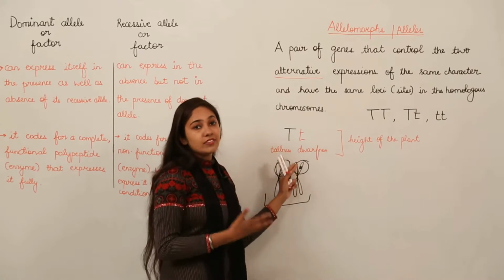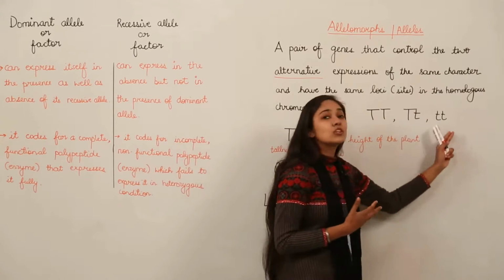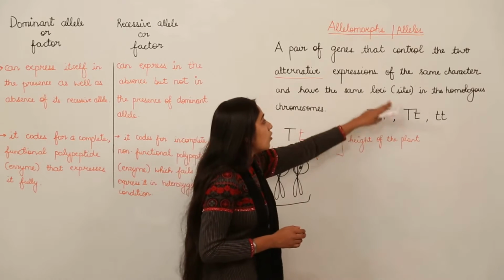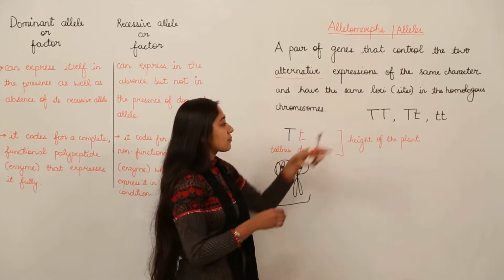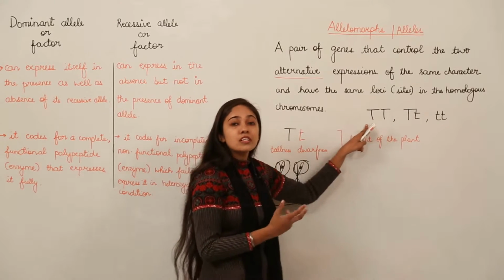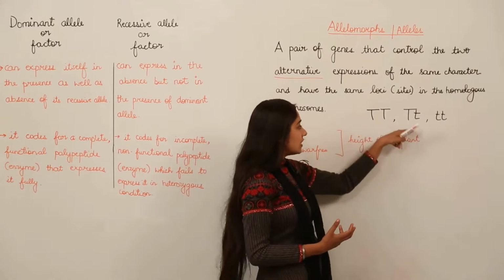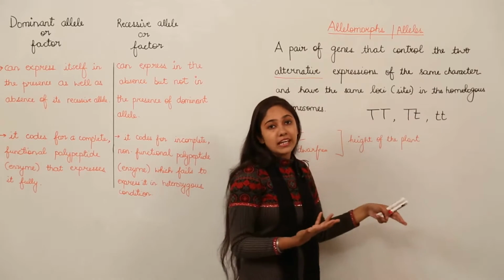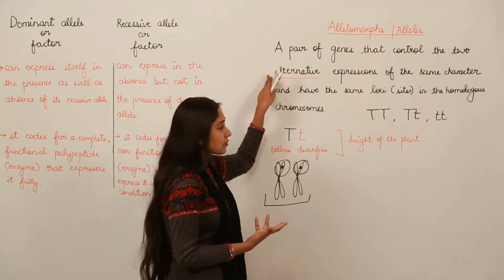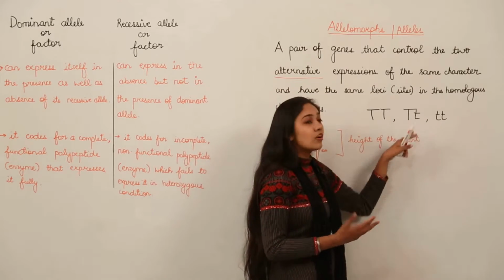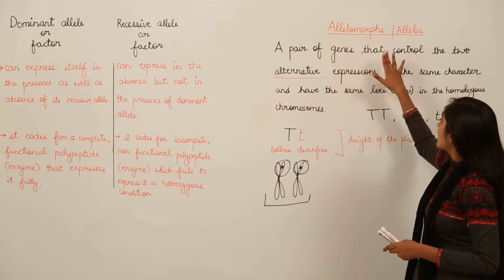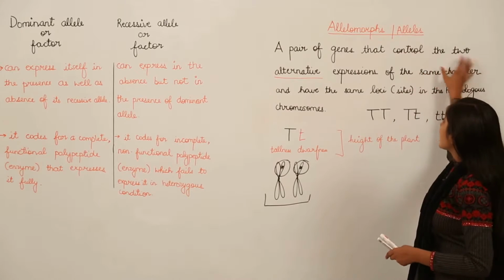But nowadays, we are considering these pairs also as allelomorphs or allelic pairs. Why? Because now we consider alleles as the genes which are encoding for the same character. Genes which are encoding for the same character, they may or may not be alternative. Okay. The genes which are encoding for the same character, a pair of genes that control the same character.